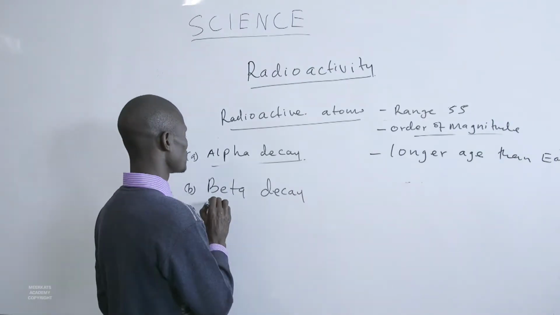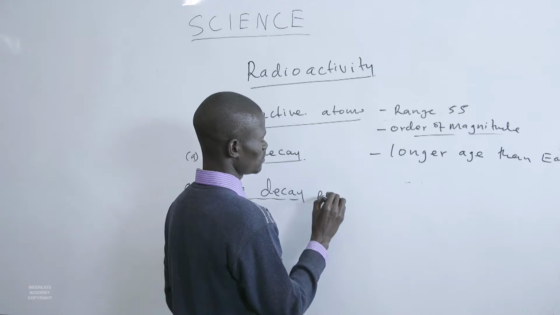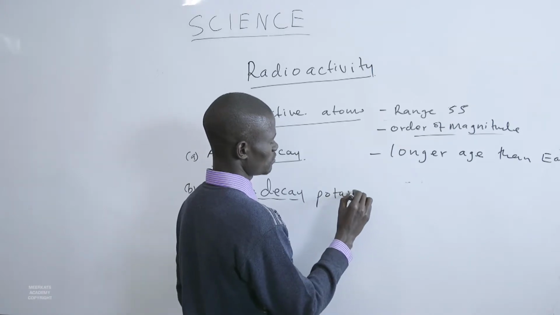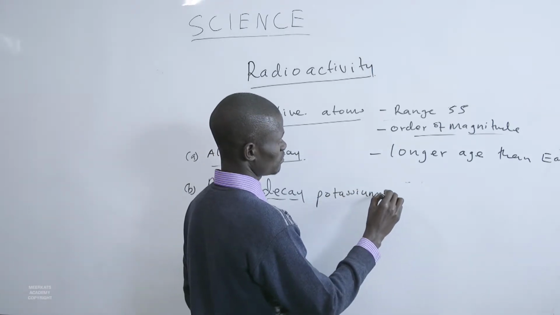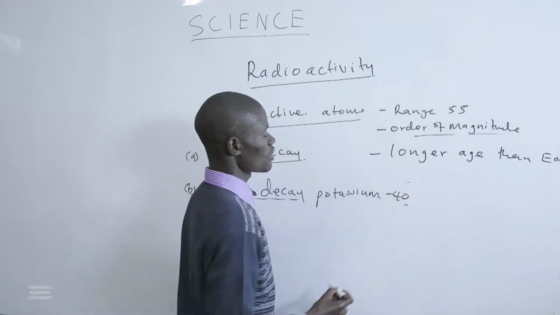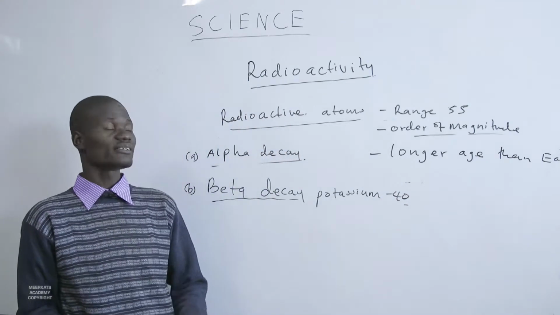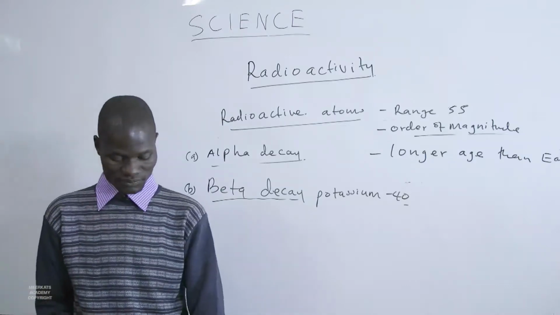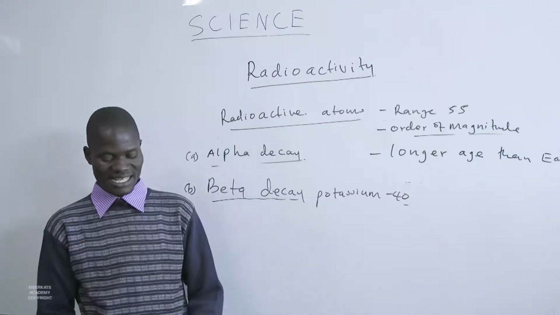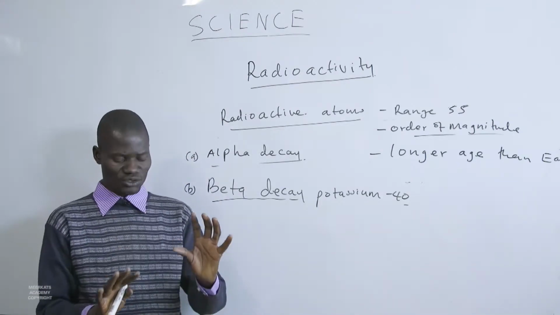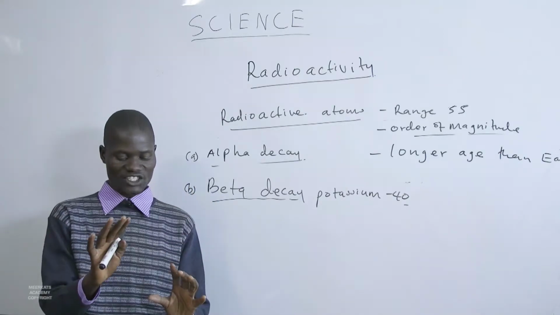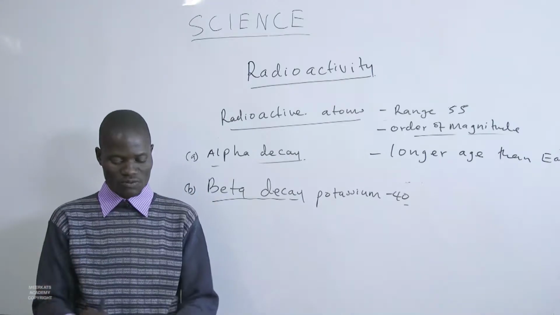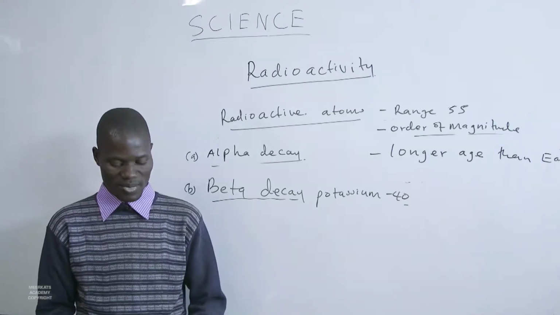For example, potassium 40 is a very reactive element, and the energy moves at a very high speed, and also the electrons move at a high speed.